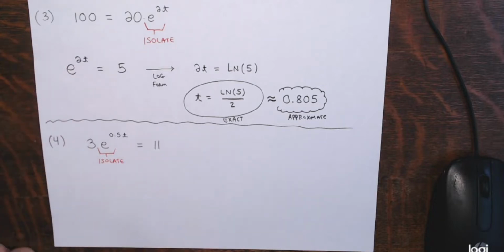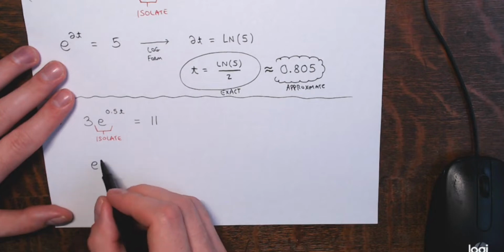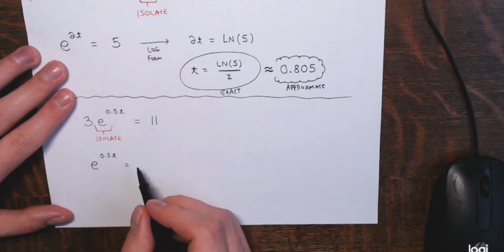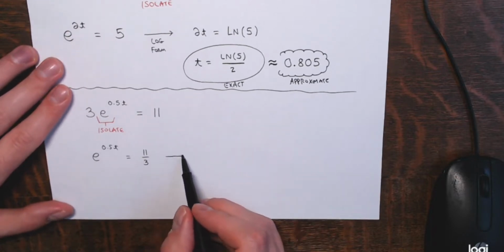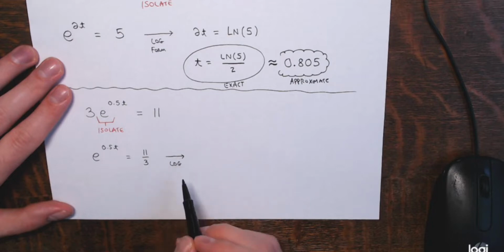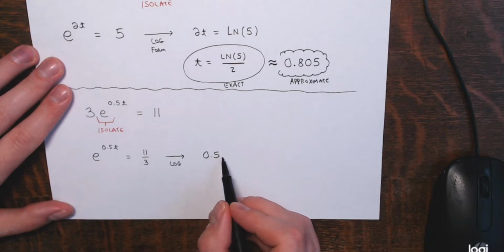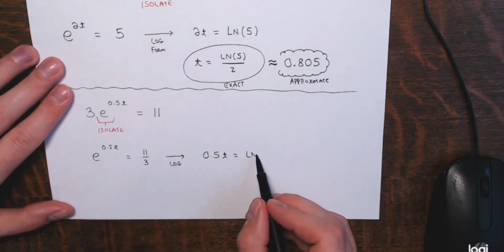So first I need to divide by 3. So we have e to the half t equals 11/3. And then I change to the equivalent log form. The power, the half t, is equal to the log base e, or the natural log, of 11/3.